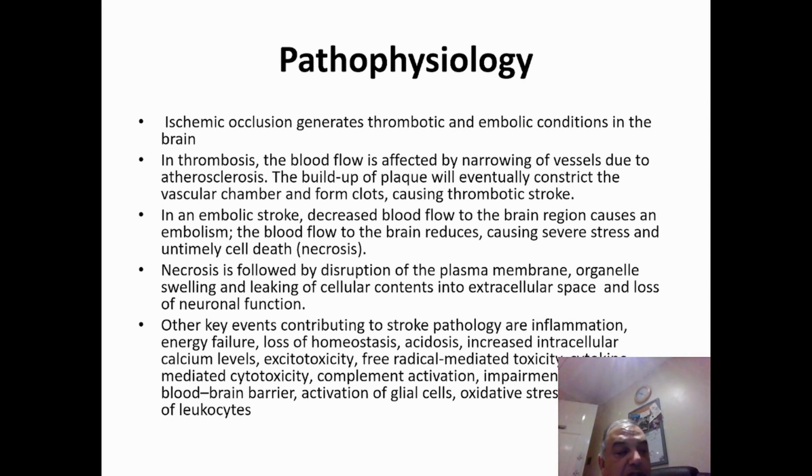Due to atherosclerosis, the blood vessel wall is already affected, and there's a buildup of plaque, which ultimately builds to a critical point, and this will lead to constriction of the vessel, forming clots and causing a thrombotic stroke. In an embolic stroke, there's decreased blood flow to the brain due to an embolism, which may arise from another artery or from the heart itself, again causing reduction of blood flow.